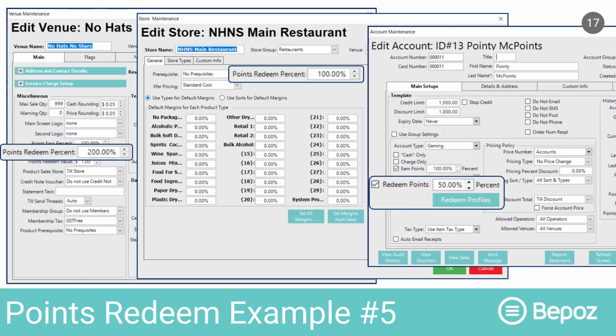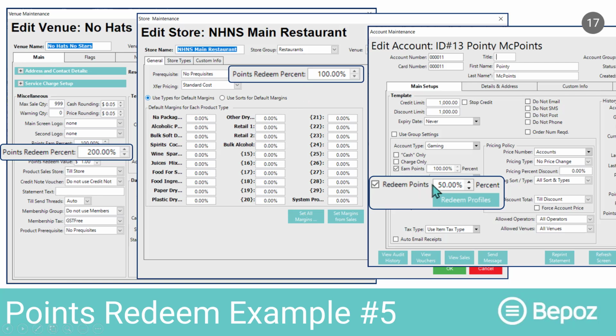One final example: if the points redeem percentages are a combination of all different percentages greater than, equal to, and less than 100%, again, they'll just multiply together to give us our final redeem percentage for a particular transaction. Once again, the redeem points profile is the same one with everything at 100%, but there could be instances like this one where the end result is going to be 100%, even though the venue is set to 200%, the account is set to 50%, and the store is still set to 100% here.